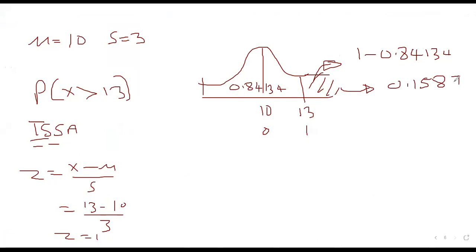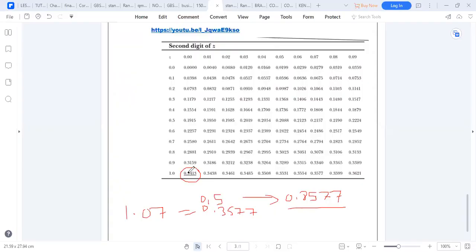Now suppose I was using another table. Do I still subtract from 1? So you need to be very careful. Of course, it's a standard table that you're given. But in the event that you have a different type of table, like this one here, it is a half table. When I go to 1.0, the answer I'm going to get is 0.3413. And what's the meaning of that?